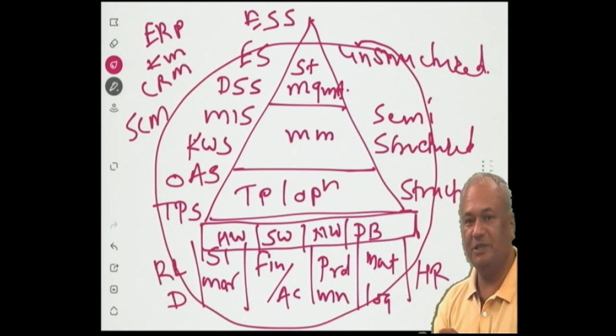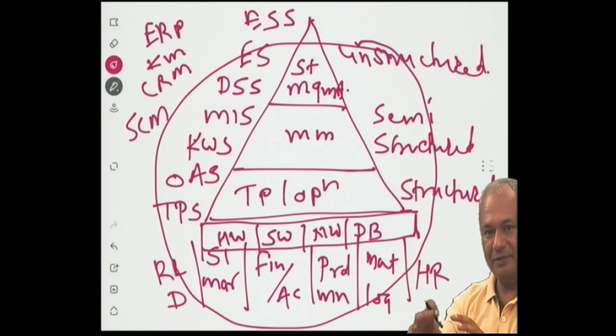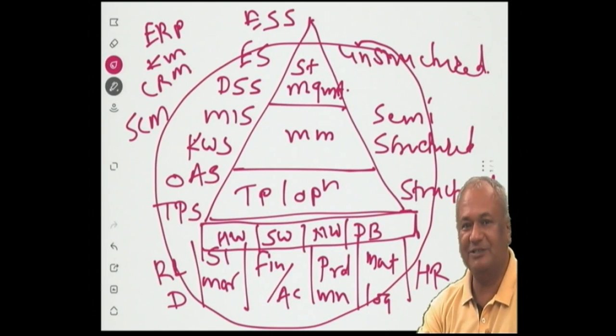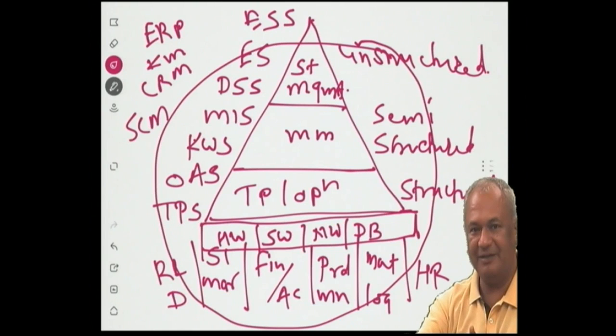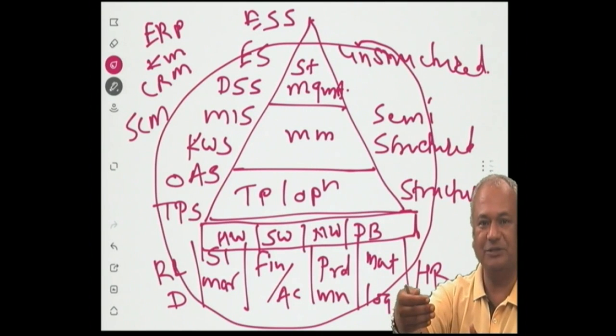So this is the overall scenario of a general generic organization. Depending on the type and structure of the organization, this may change a little. But the IT infrastructure is supporting the business process data transactions between the transactional level and the executive support system.